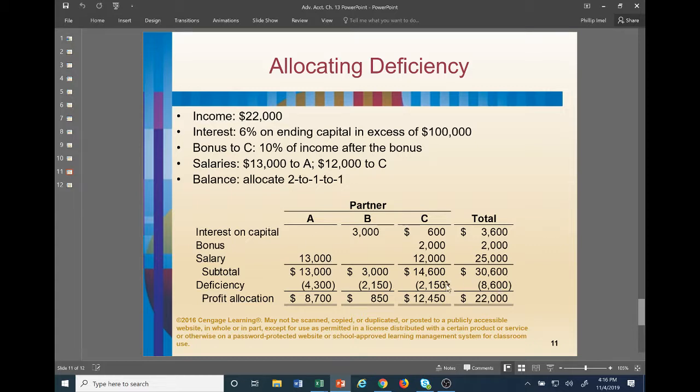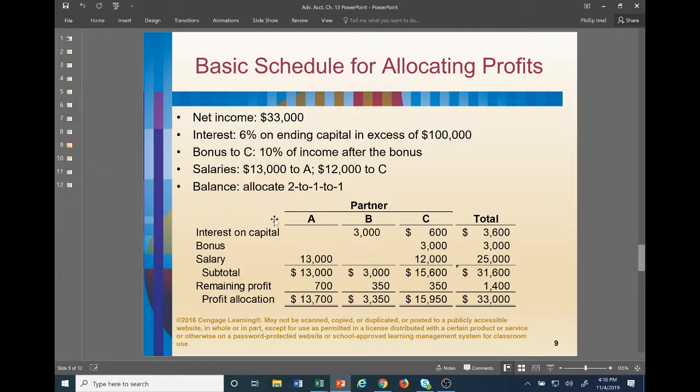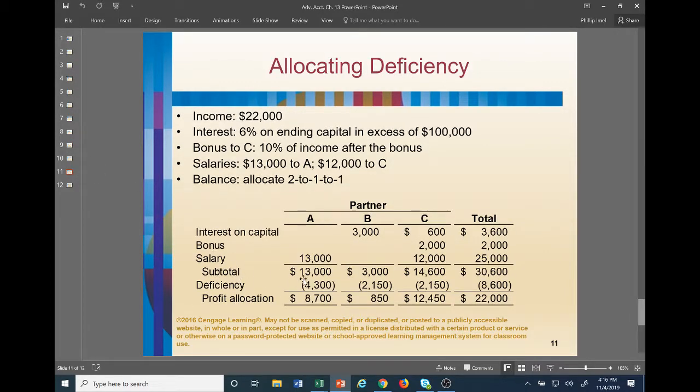Half of $8,600 is $4,300, and a fourth of it is $2,150, making up a total of $8,600. Once again, instead of adding the remaining profit to get the profit allocation, we're simply subtracting the deficiency. Same thing here.